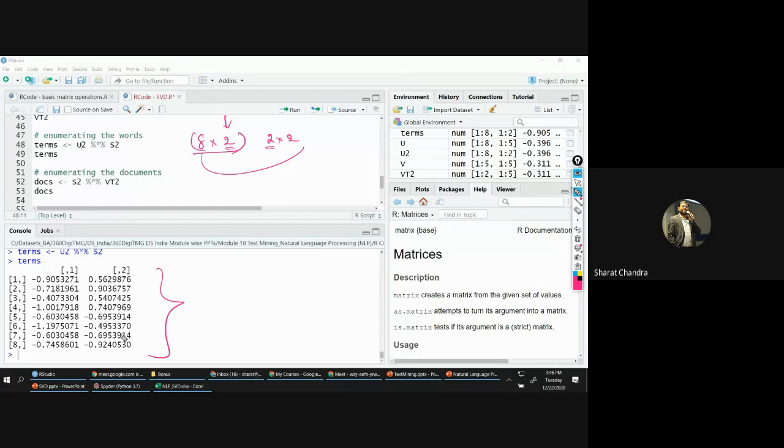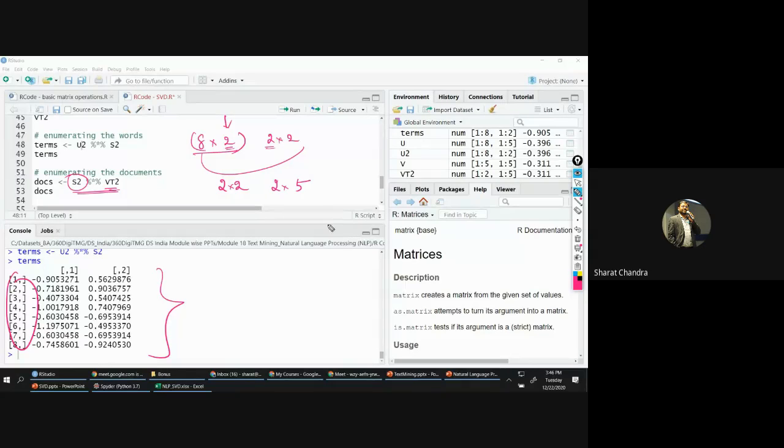Now, similarly, I will multiply these two to get documents. These were the words; right here I'm doing documents. So I have 2 by 2. This is S, the diagonal matrix. And then V transpose. V transpose is 2 by 5.